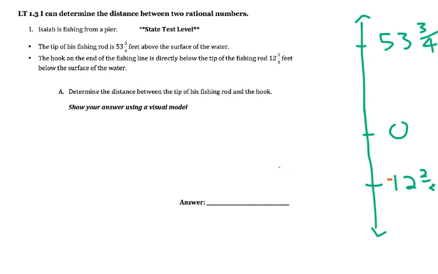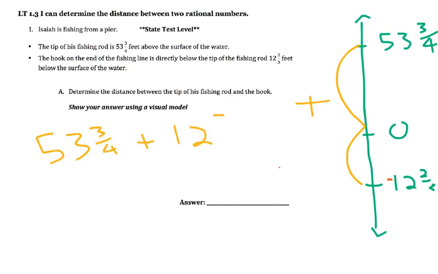Okay. And then the problem is asking you to determine the distance. So you're going to add 53 and 3/4 plus 12 and 2/3. So we're just going to add these together. 53 and 3/4 plus 12 and 2/3.